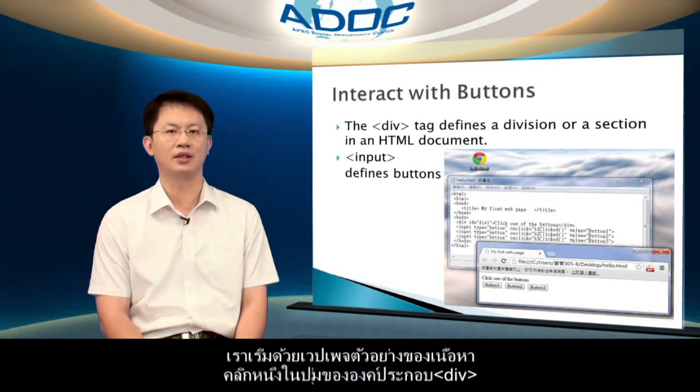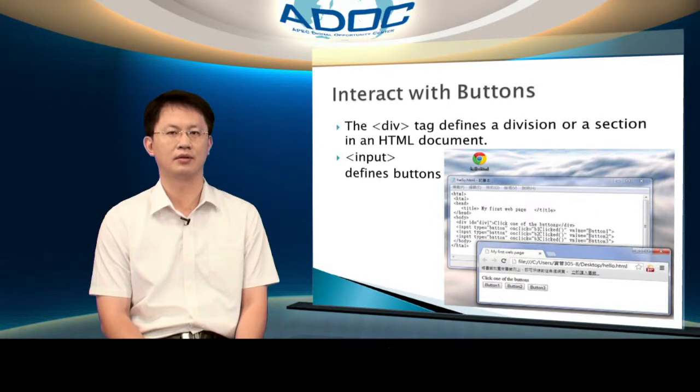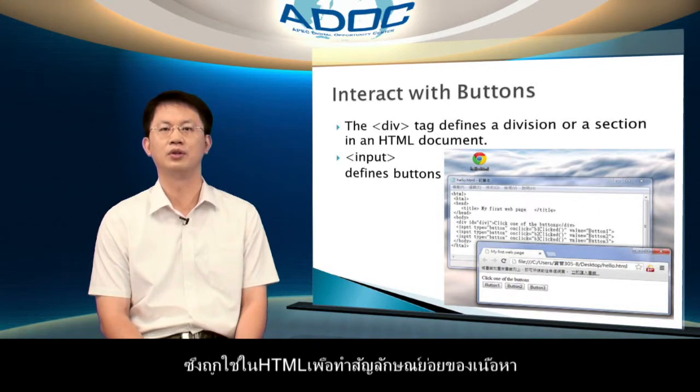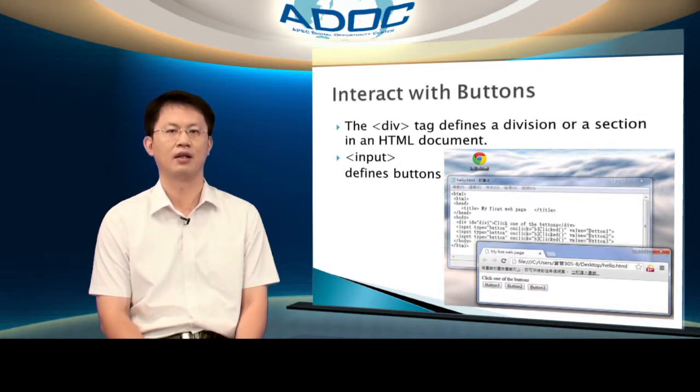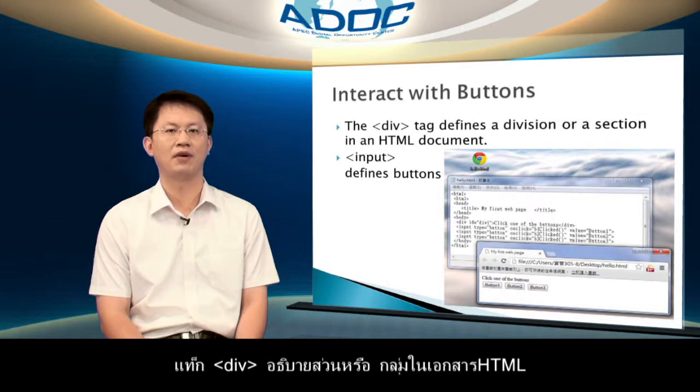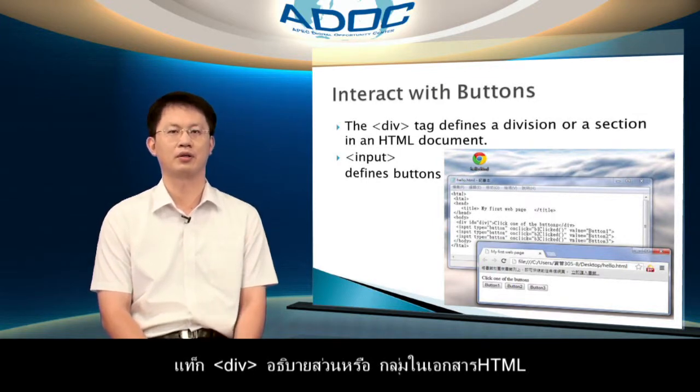We start with an example web page with the text: click one of the buttons in the div element, which is used in HTML to mark sections of text. The div tag defines the divisions or sections in the HTML document.